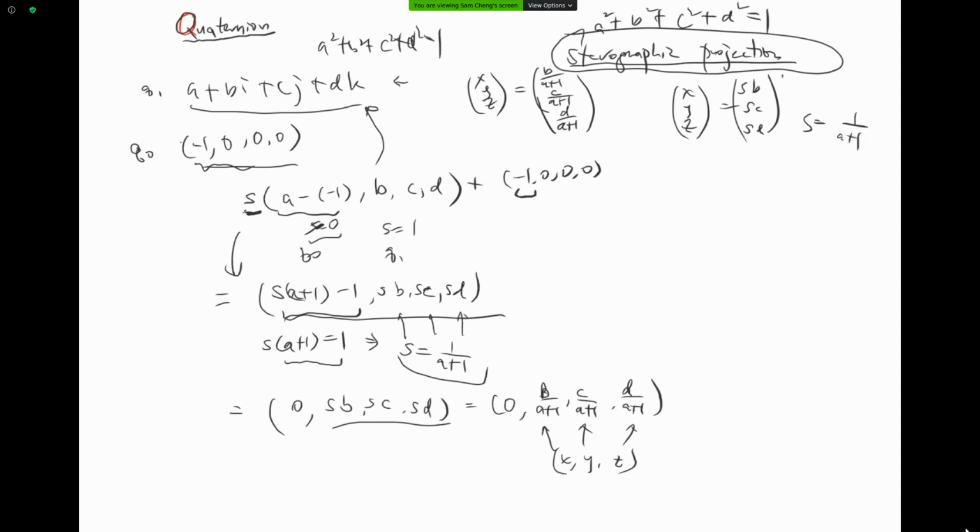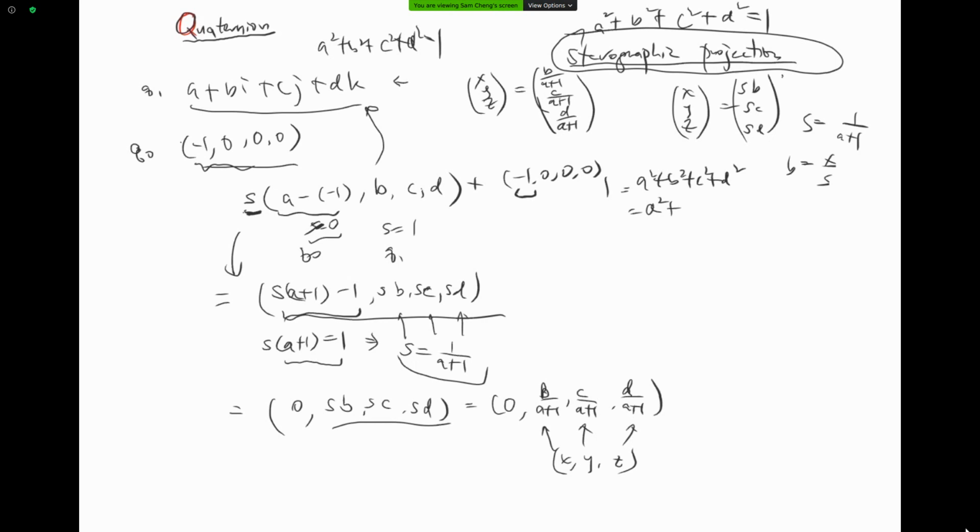So now let's see. If I consider a squared plus b squared plus c squared plus d squared, we know this will be normalized to 1. But b is equal to x over s, right?